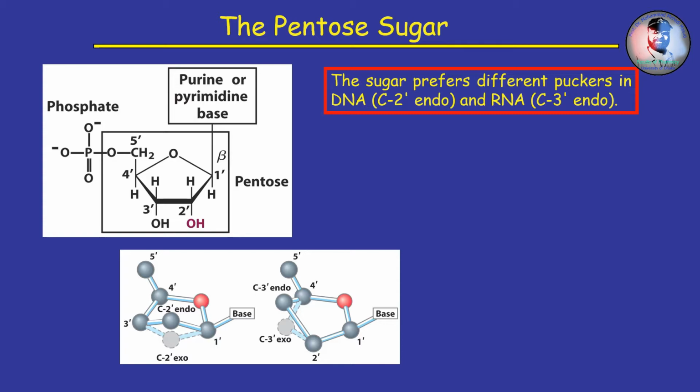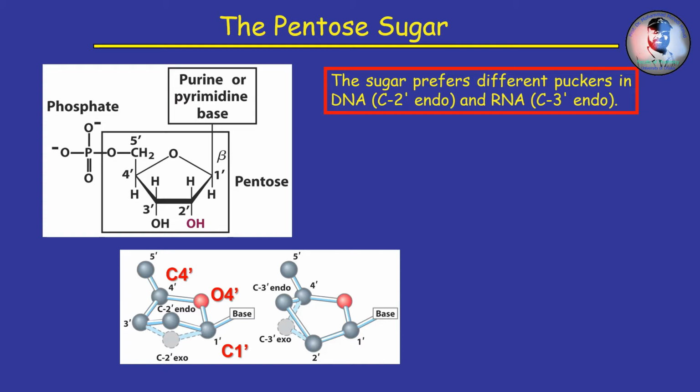The sugar pucker is defined by the positions of 2' carbon and 3' carbon atoms relative to a plane formed by the 1' carbon, 4' oxygen and 4' carbon atoms. If the 2' carbon of a sugar is above the plane, then the conformation of that sugar is known as C2' endo conformation.